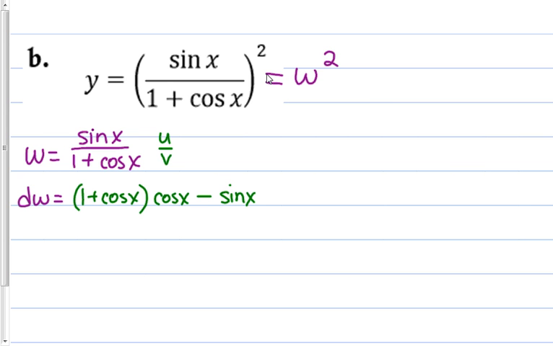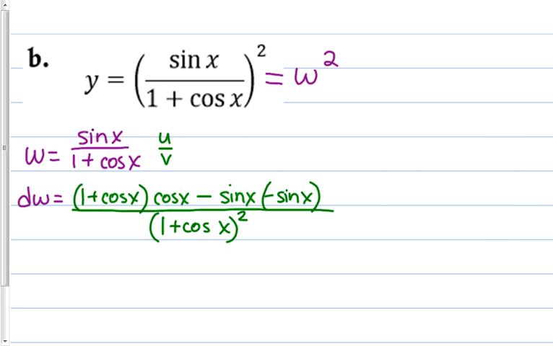I derive the bottom, the 1 goes away, and the cosine x becomes negative sine x. And then all of this over v squared. So 1 plus cosine x squared. So there's my derivative. I should simplify that. So I will.